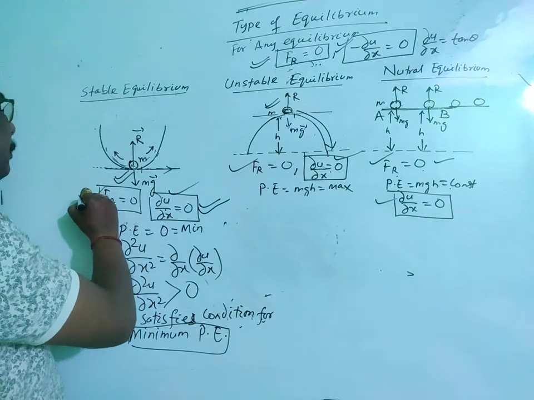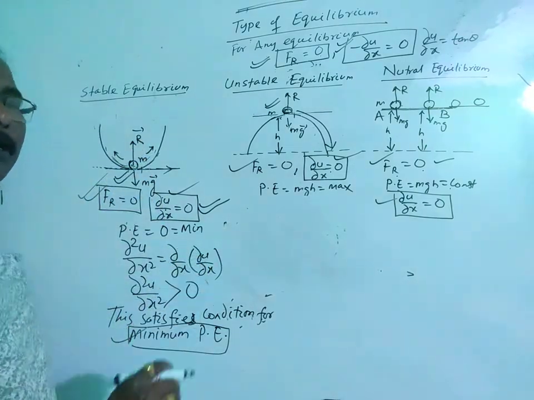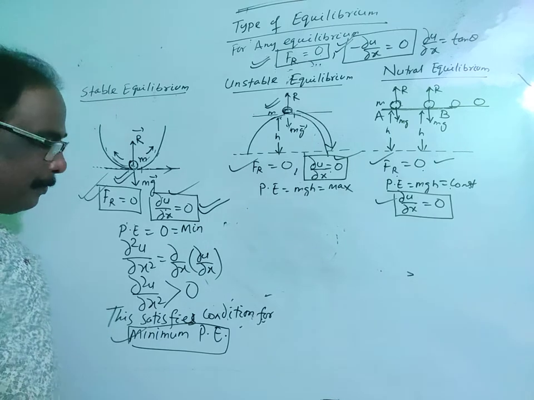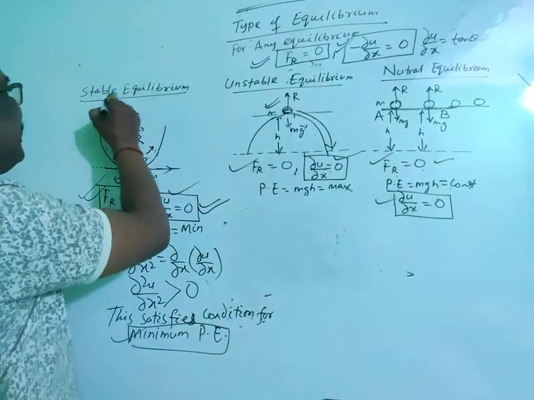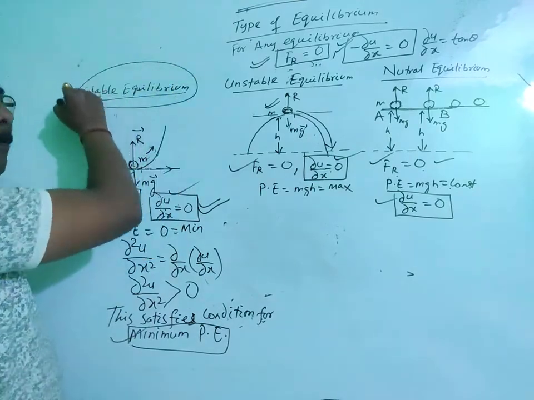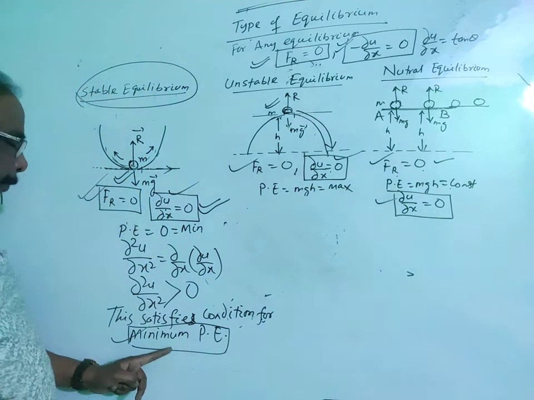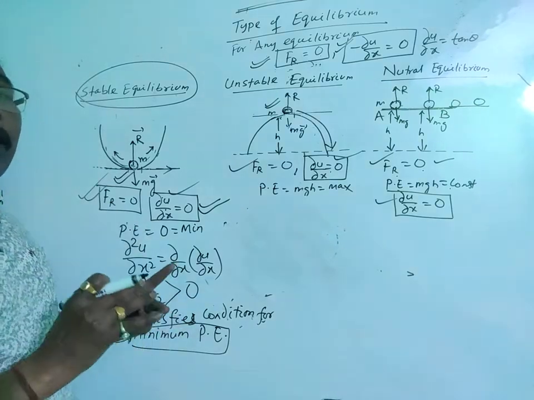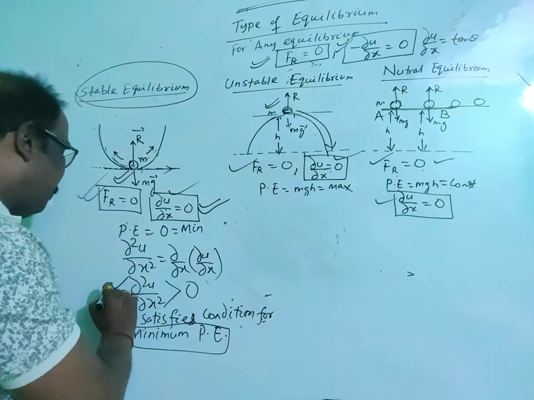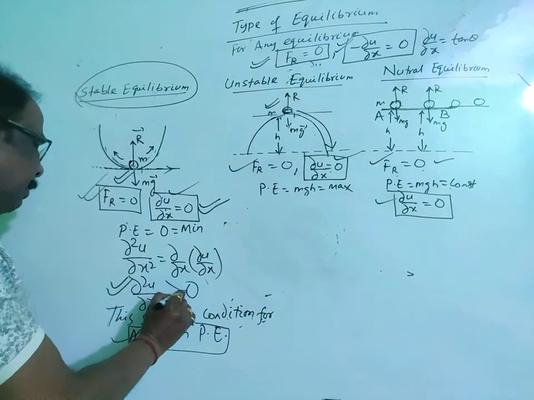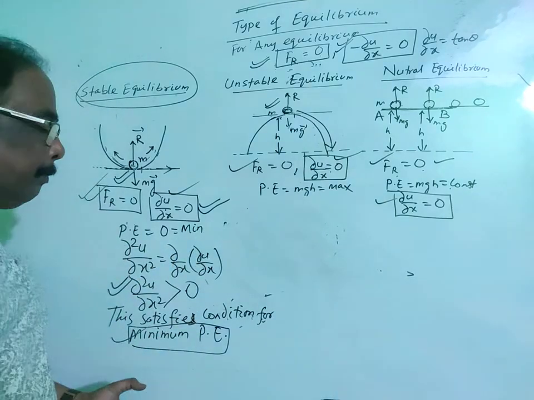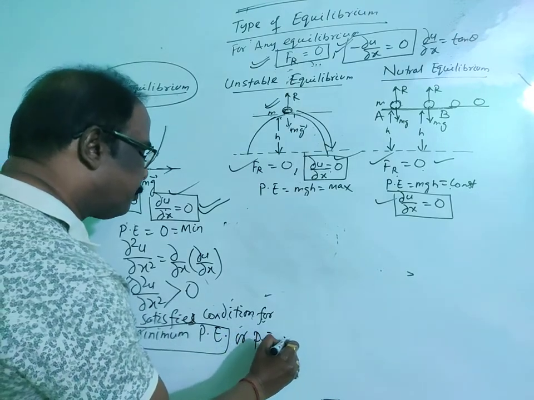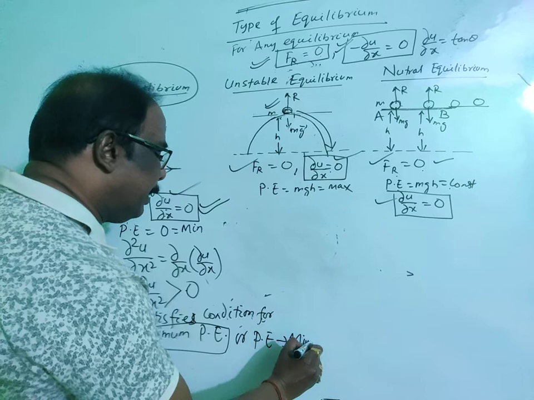See, resultant force is 0, potential energy is minimum, then the body will retain its original position, then this is the case of stable equilibrium. Resultant force 0 and d square u by dx square greater than 0. See, if d square u by dx square is greater than 0, then potential energy has minimum value, means minima.